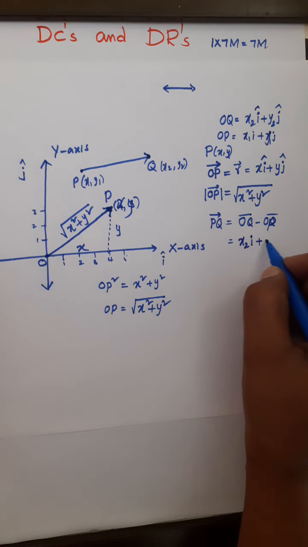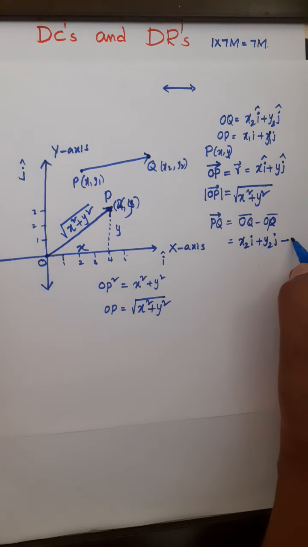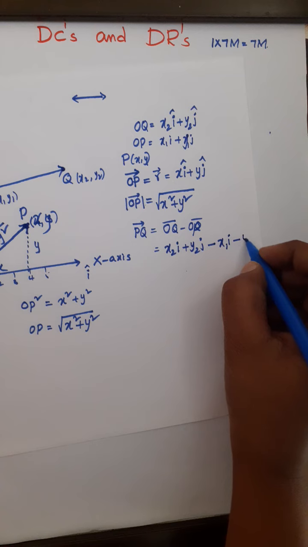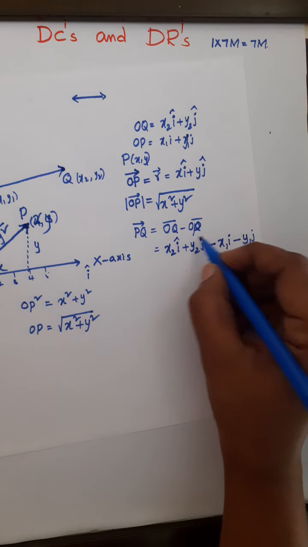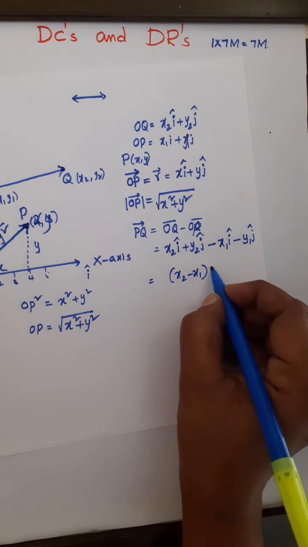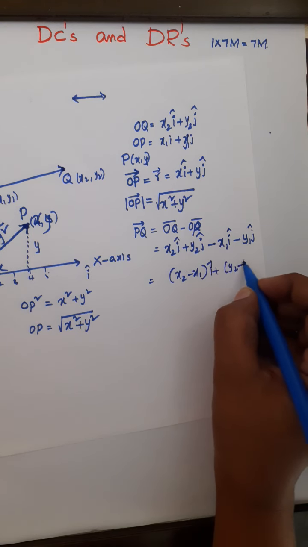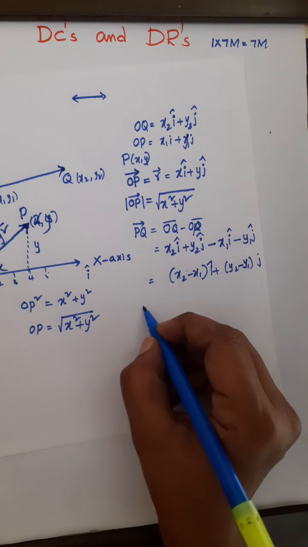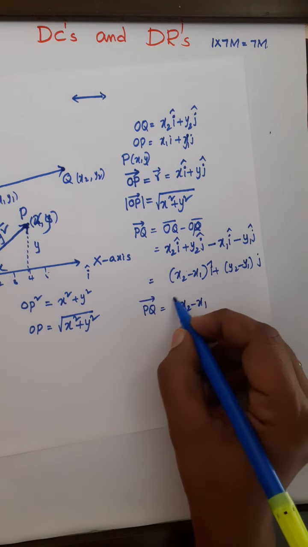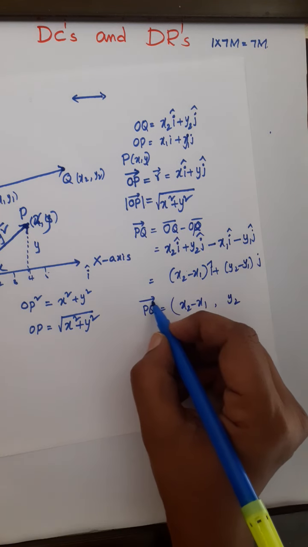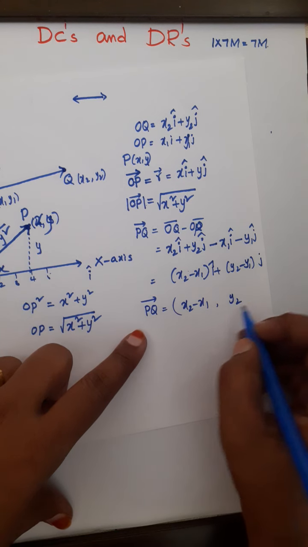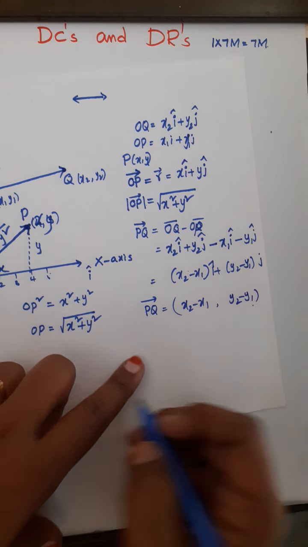Now OQ minus OP means x2 i plus y2 j minus x1 i minus y1 j. You take i common and j common, then what do you get? (x2 minus x1) i plus (y2 minus y1) j. So what is your PQ vector now? The vector represented by the point (x2 minus x1, y2 minus y1).